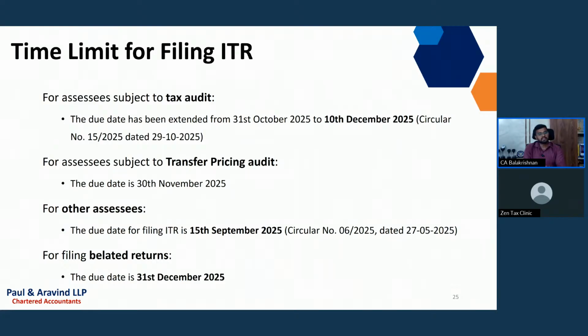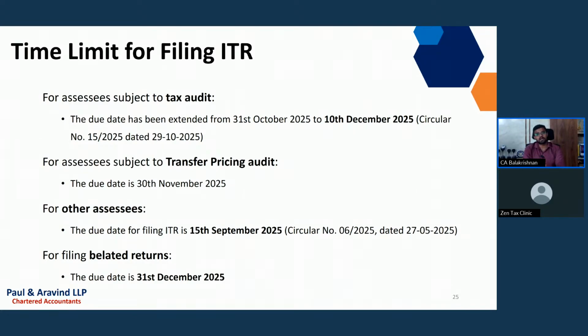If the assessee has not filed the return before 31st December 2025, then the assessee can file an updated return by paying an additional 25% of tax if tax liability arises. If it is a loss return, that is, if the assessee has a loss and cannot carry forward the loss, but filed before 15th September, they can claim.